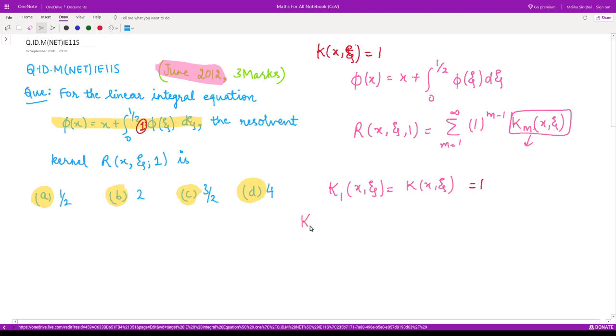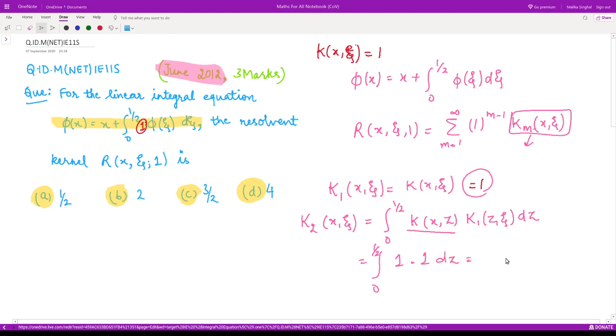Let us see the next term, K2(x, xi). By definition, this is equal to integration from 0 to 1 by 2 of K(x, z) into K1(z, xi) dz. What is the value of K(z, x)? This is simply equal to 1. No variables are included. So integration from 0 to half of 1 into K1, which is again 1. So 1 into dz.